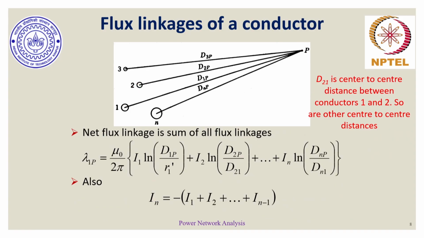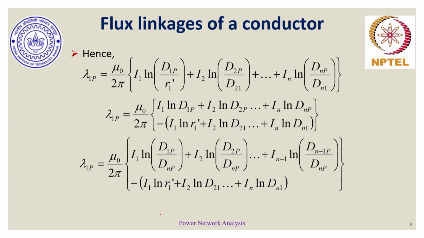To find the total flux linkage, we add them up, and since the instantaneous sum of all currents is equal to 0 in this net zero arrangement of conductors, if we replace I of n by the negative sum present over here, we get two distinct components.